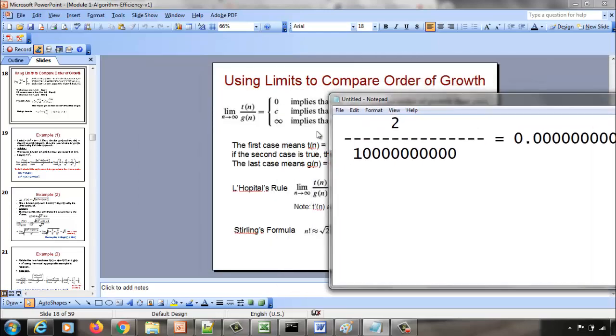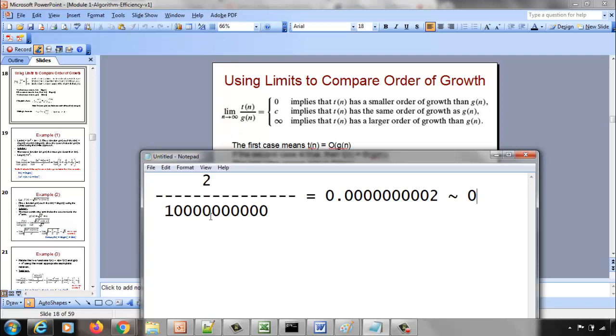If you have a function t of n, which is like this numerator, and g of n, which is like this denominator value, and the ratio tends to 0, that means the denominator function grows faster. It grows quickly compared to the numerator function. So the numerator function grows slower as n increases, whereas the denominator function grows much more quickly as n increases.